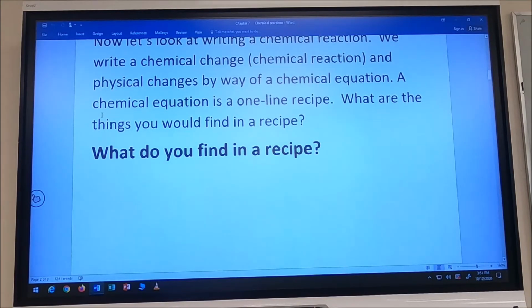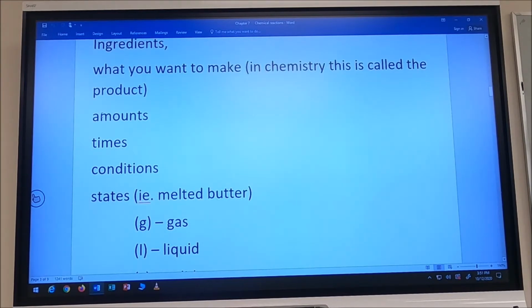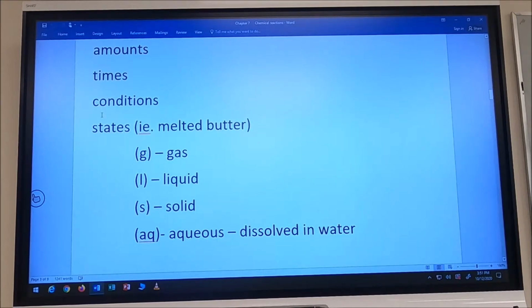So let's think about the things you find in a recipe. In a recipe, we find ingredients, and we find what we're going to make. In chemistry, we call it the product. We find amounts. You sometimes find times and conditions, like soften the butter before you beat it into your cookie.